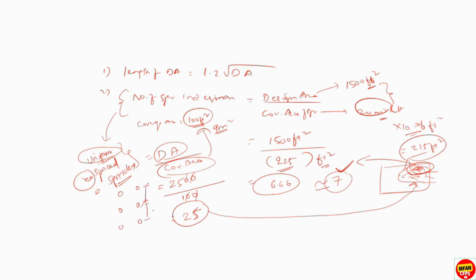The distance between the sprinklers varies, right? For example, here you will have 10 feet, here you may have 12 feet, here you may have 9 feet. If the sprinkler distance is not uniform, then this formula is not applicable. If the sprinkler spacings are uniform, then this formula is applicable. Or if you want to theoretically calculate the number of sprinklers required, you can consider this formula as a thumb rule.